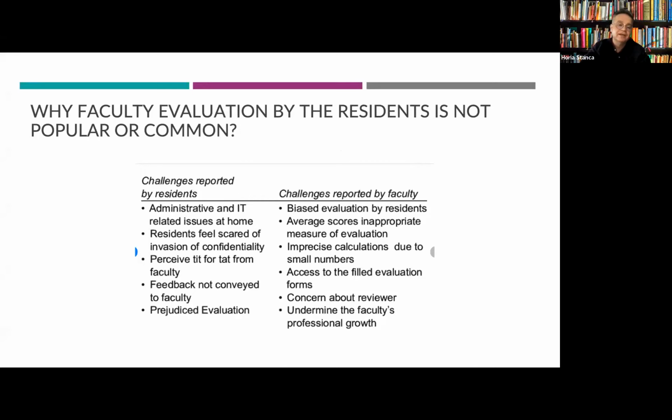There is not a method of feedback in a specific form from residents to the faculty. There are not specific tests given by the chief of the clinic to the junior faculty in order to evaluate how they perform regarding the residents.